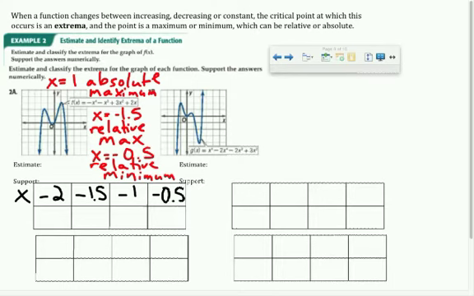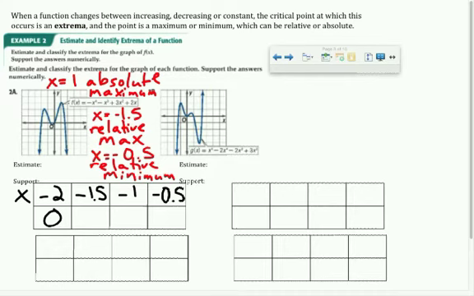And I'm, once again, supporting this numerically by using my calculator and plugging these values in for x. Okay, so I have -16 plus 8 plus 12 minus 4. And that's 0.